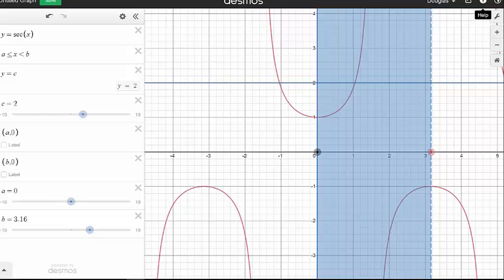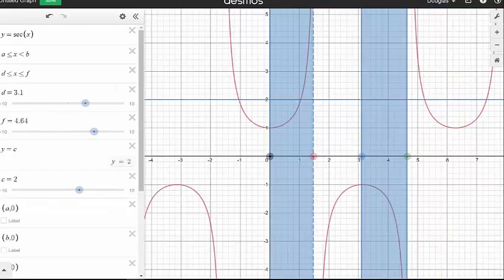However, we are looking to make appropriate choices that will be most beneficial for when you get to the calculus. So even though this domain restriction would work, we're going to use a slightly different domain restriction. And the domain restriction we're going to use is going to look like this.